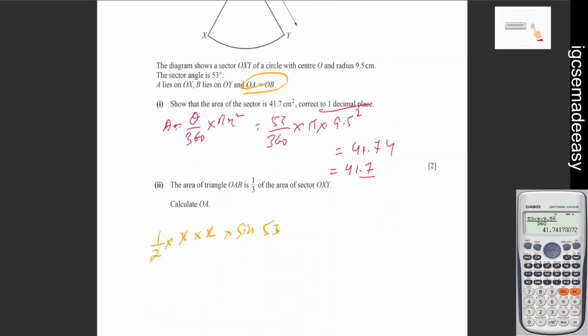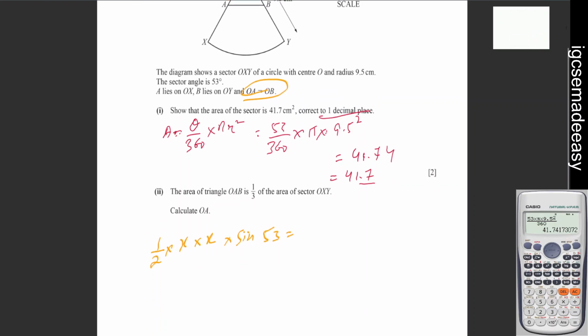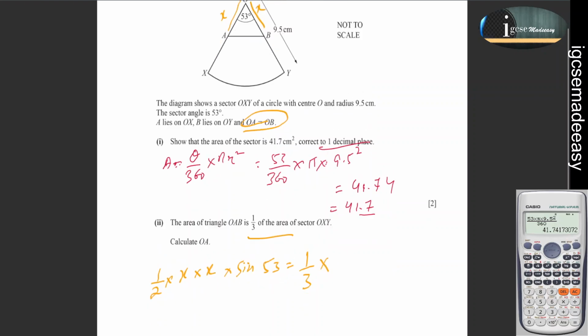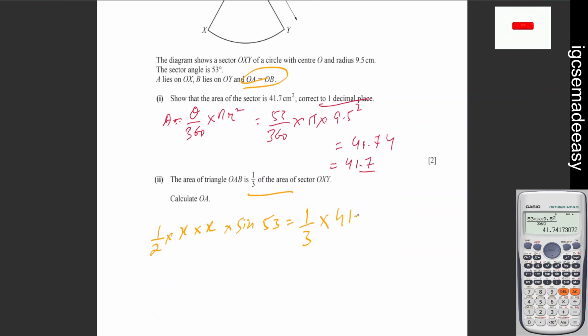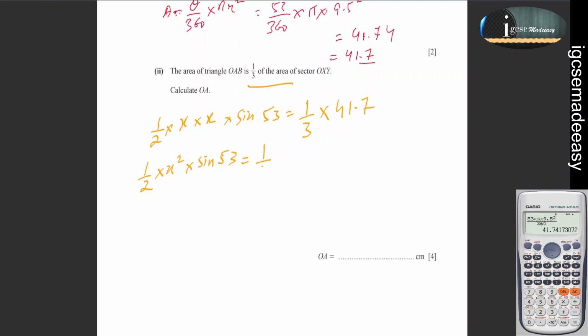So that will be the area of the triangle, and that will be equal to 1/3 of the area of OXY, right? Just now we calculated the area of OXY, that is 41.7. So if we solve this, x squared into sine of 53 is equal to 1/3 of 41.7.